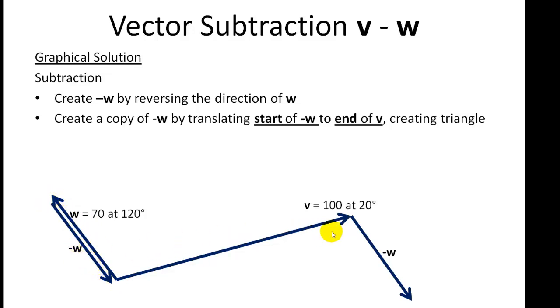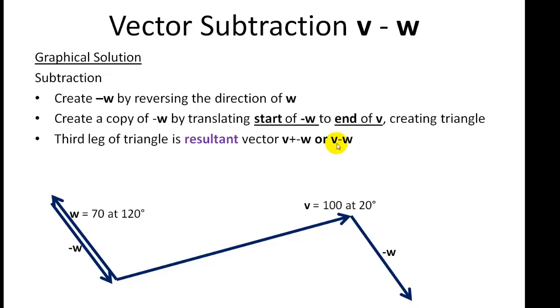And then we translate that negative w to the end of vector v. Its start is at the end of vector v, and then its end is going to be a very important point. So now we have v plus negative w, or in other words, v minus w.